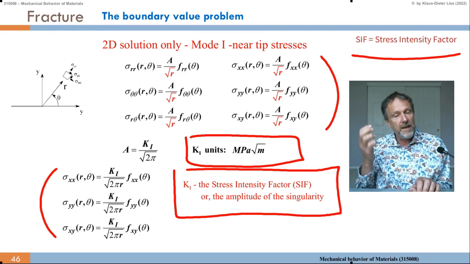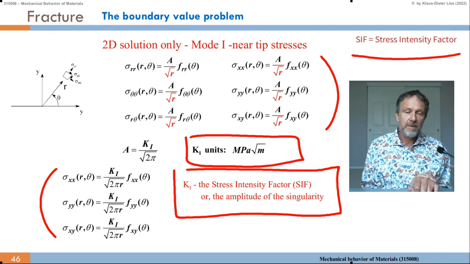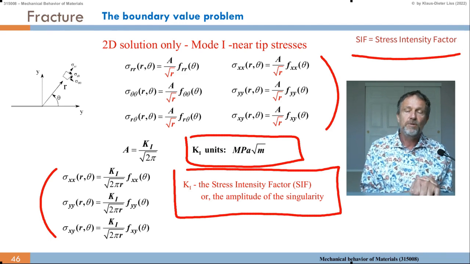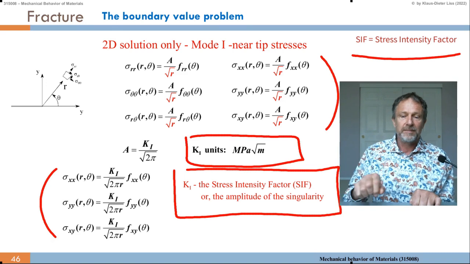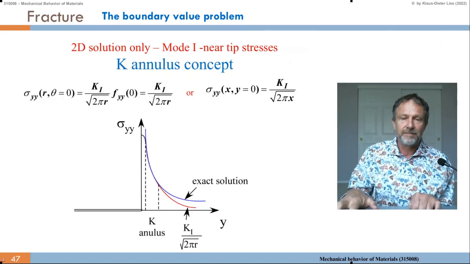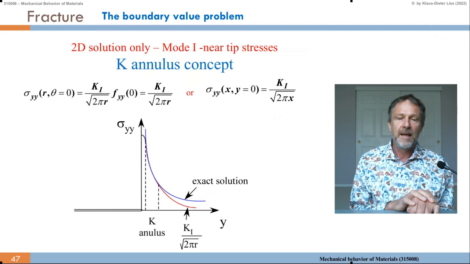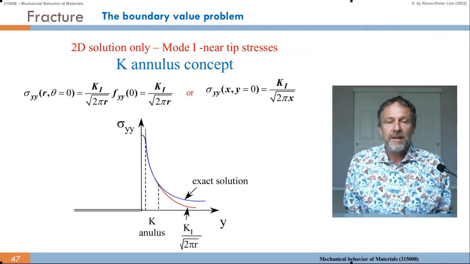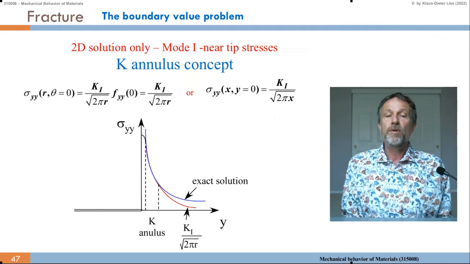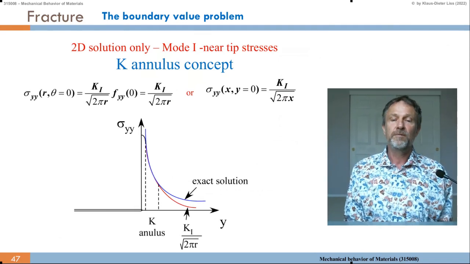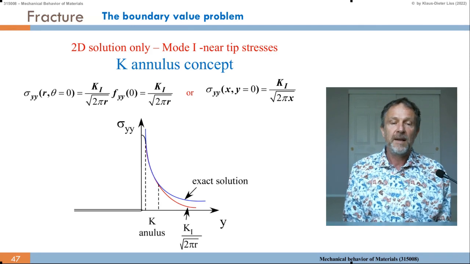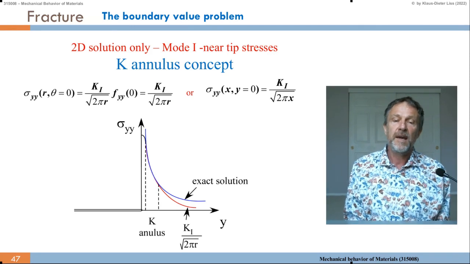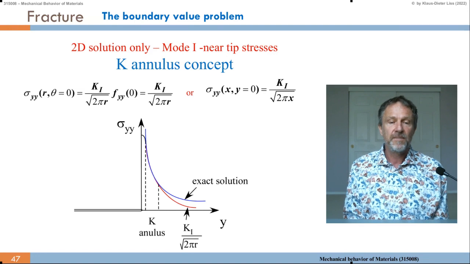We also see this 1 over square root 2 pi r is the arc length when we go around. So in a 2D solution, we only have a 2D solution for the mode 1 near-tip stresses, and I like to introduce the K-annulus concept.